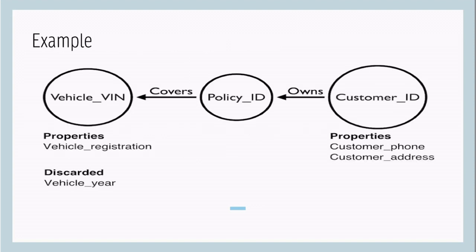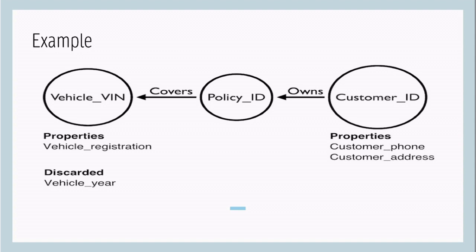Now let's see using an example. Here in this example, vehicle VIN, policy ID, customer ID are all the nodes, whereas vehicle registration, vehicle year, customer phone, customer address are some of the properties of their respective nodes.